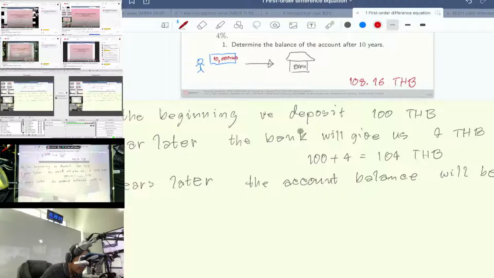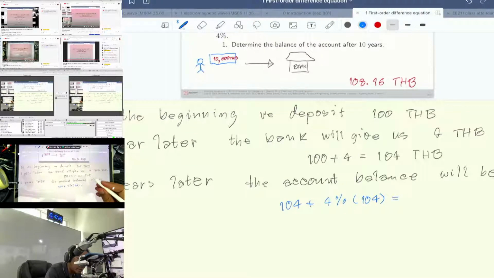We now have the deposit as 104, so we would have 104 plus 4%, right? 4% times 104, right?